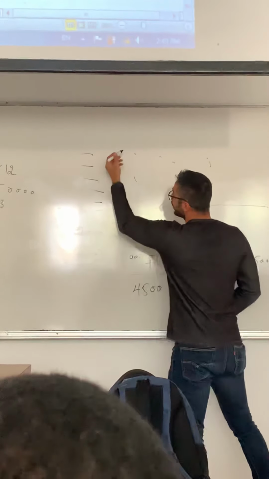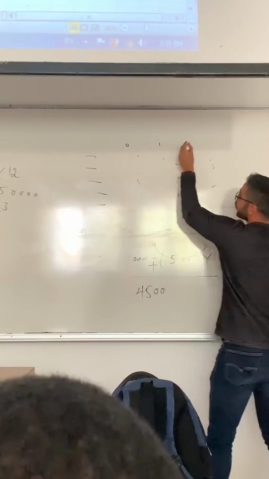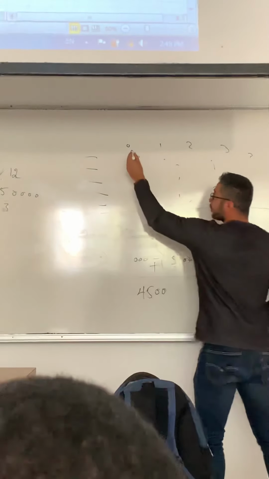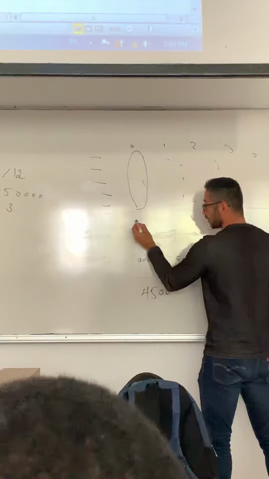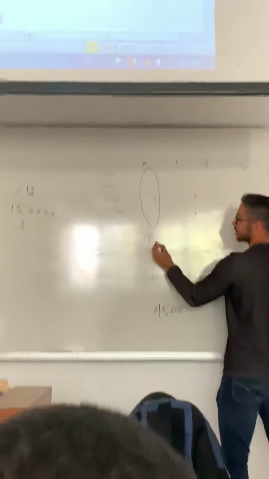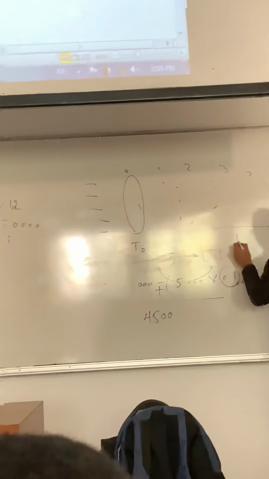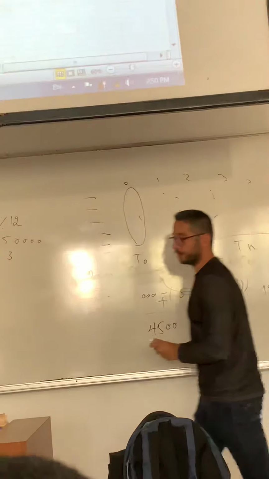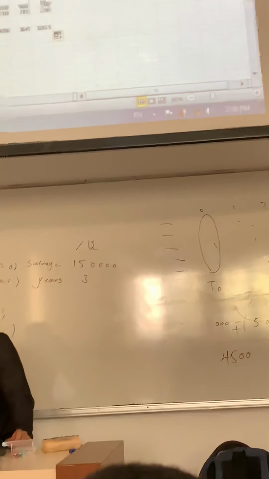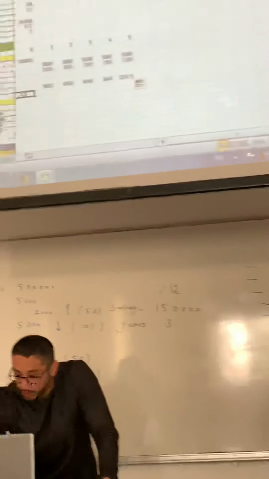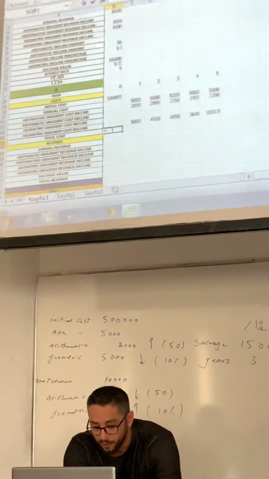We say for each year, from 0, 1, 2, 3, 4, give me the total cost. So you have the total cost of year 0 to n. How do we write the total cost for each year?